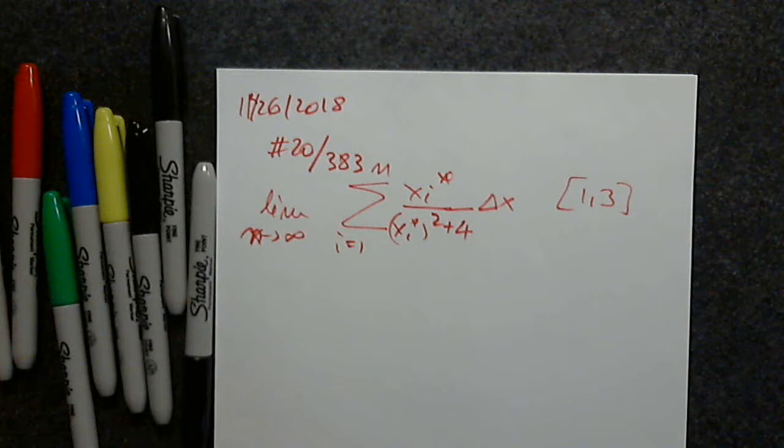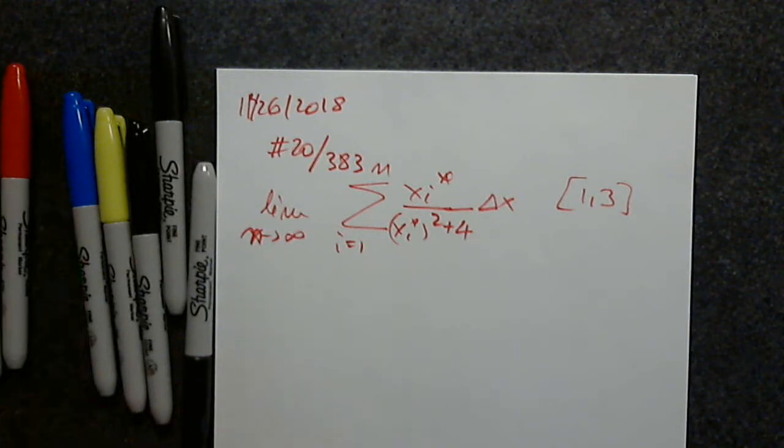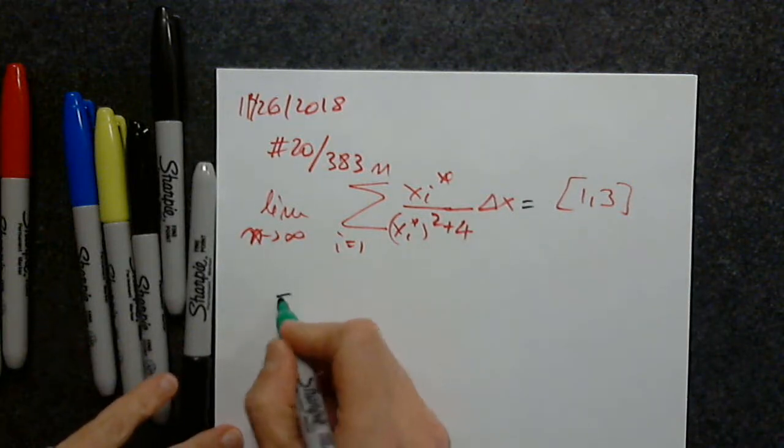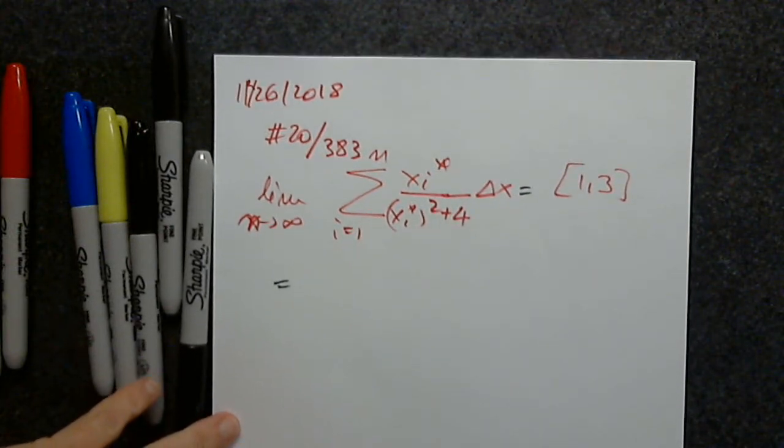So this is the limit of the Riemann sum, and this is the interval we have to work with. Can anyone tell us what to do?